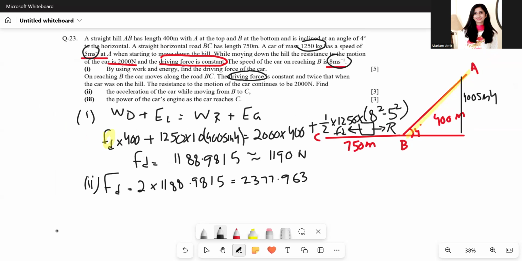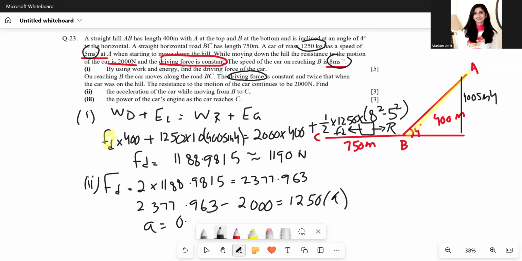So forward force 2377.963 minus the force of resistance 2000 is equal to mass times acceleration, which gives us a equals 0.302. 0.302371 rounds to 0.302 meters per second squared.